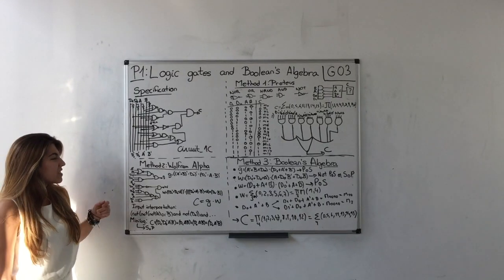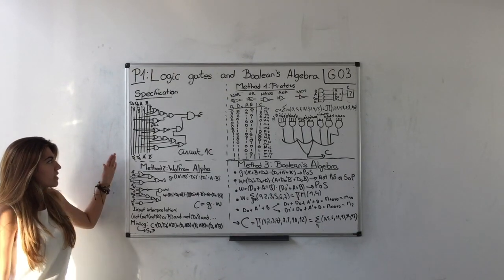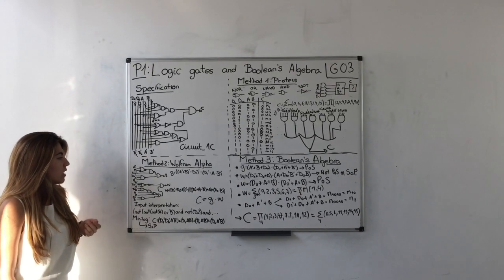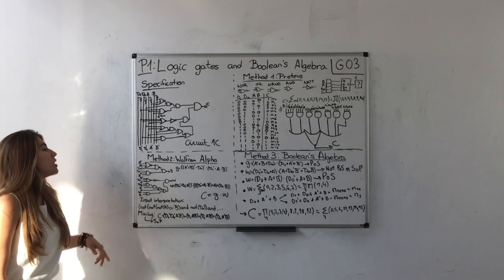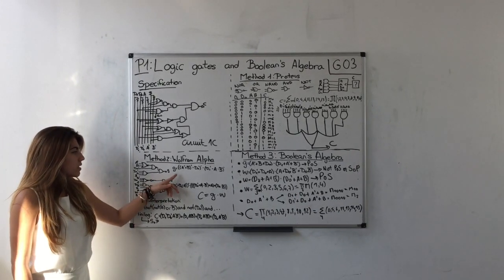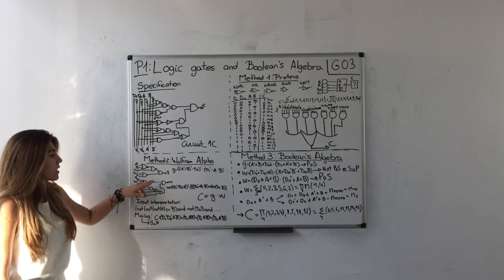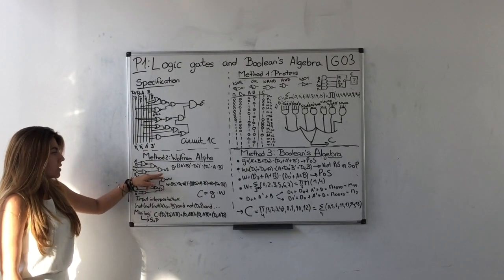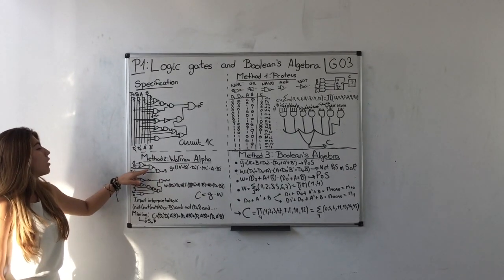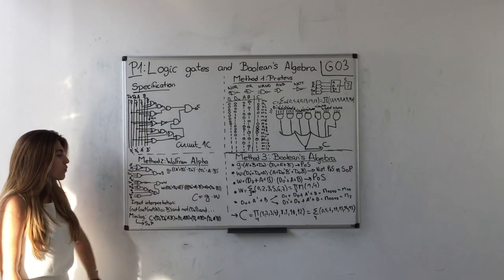The second method is Wolfram Alpha. We separate the circuit into 2 small circuits, G and W. This is a mathematical expression where the AND gate is a product and OR is a sum.